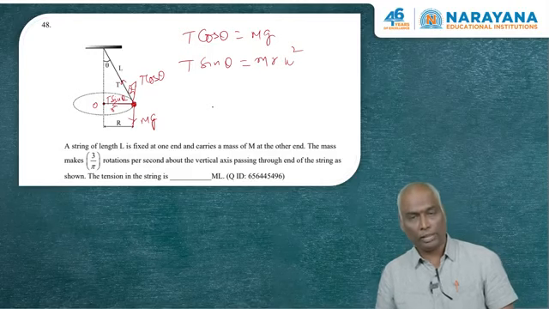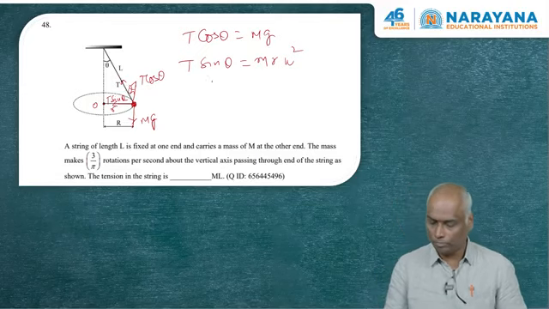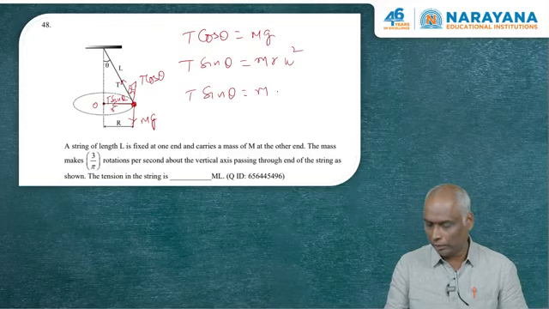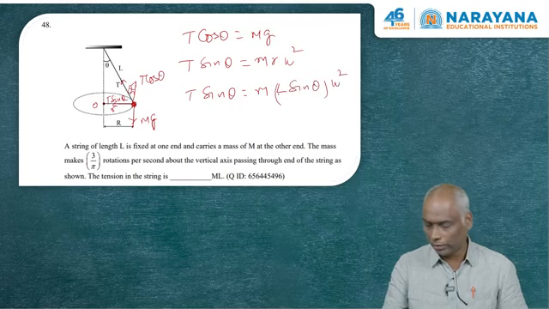In the question, length L is given. There is a relation between length L and radius: sin theta is equal to r divided by L. Therefore, T sin theta should be equal to m into r, which can be written as L sin theta, into omega square. Sin theta will get cancelled. Therefore, T becomes equal to m L omega square.